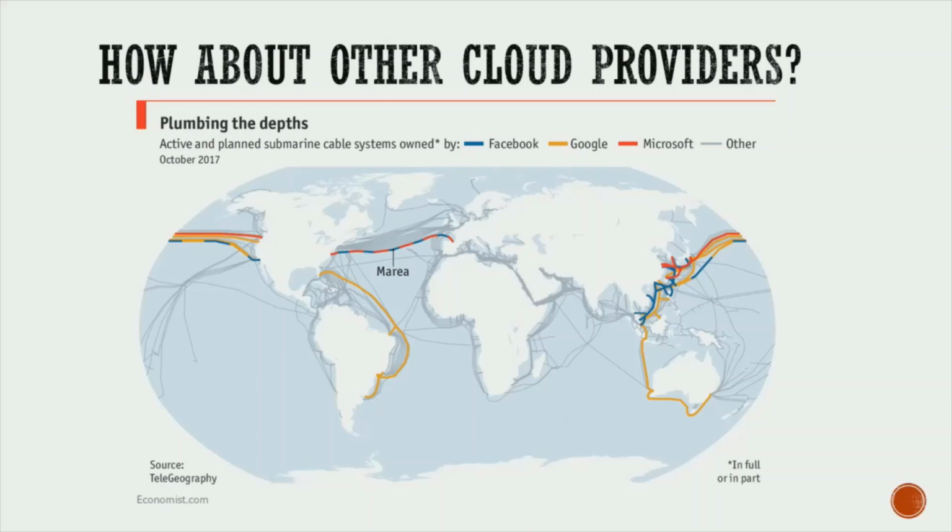They're using their own optical fibers. As you see from this link, it's called Marea. It is owned by both Microsoft and Facebook. Each of them invested 500 million to get that link through, and both the Facebook data center and the Microsoft data center share that link to communicate.